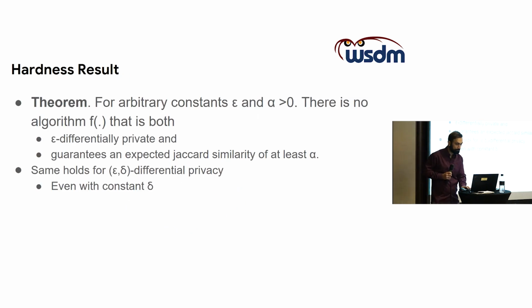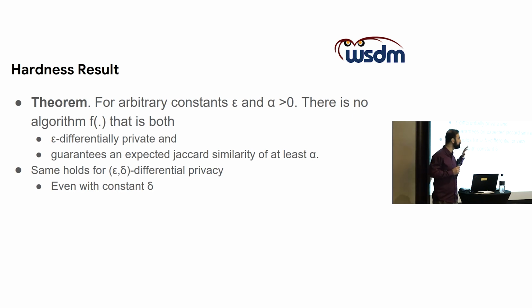The bad news that we show is that in the worst case, there is no meaningful epsilon-delta differential privacy mechanism that keeps the input and output looking similar. For any constant alpha, any constant epsilon, any constant delta, there is no mechanism that's both epsilon-delta differentially private and keeps the input and output similar by a factor alpha.